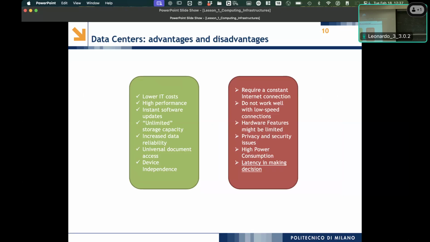We've seen that there is an increasing trend in the last years. The energy consumption of data centers is about 4-6% of the electricity produced worldwide, which is a lot. This also has an implication in terms of environmental footprint, because of the pollution that is generated by data centers.